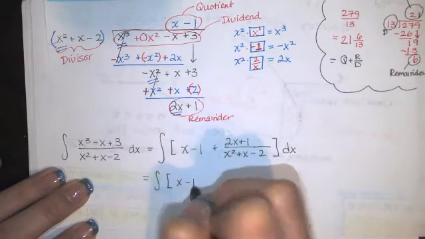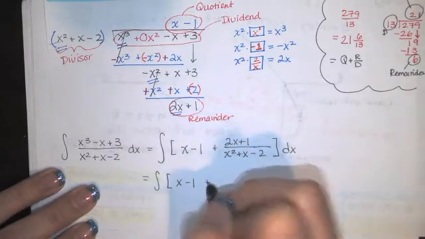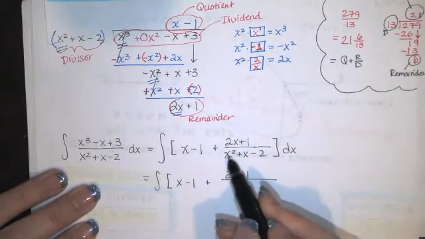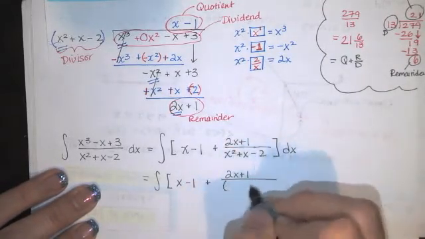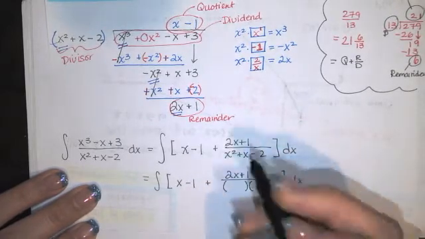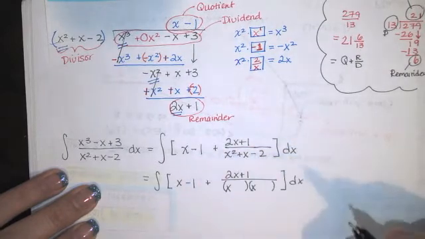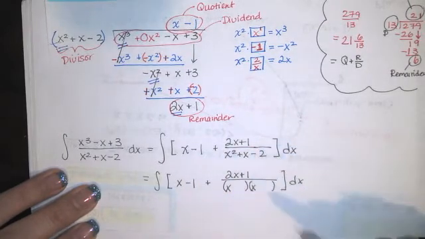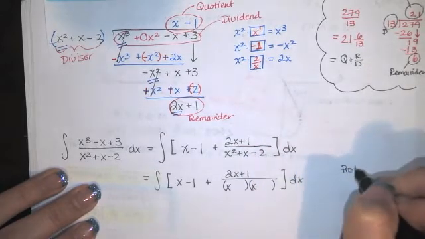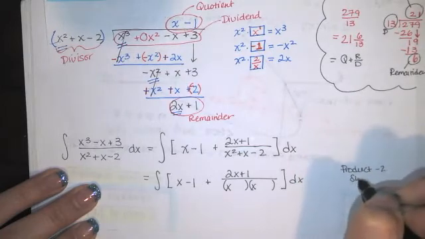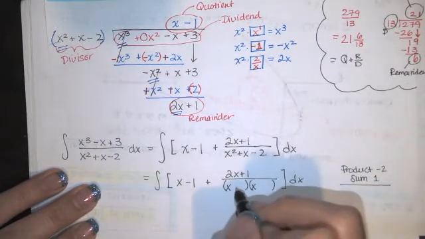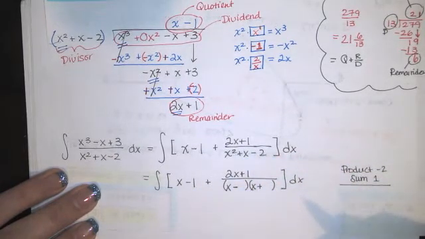In order to do the partial fraction decomposition for this, we want to factor that denominator as much as possible. X squared plus x minus 2 factors in the following way. First times first is going to give me an x squared. Then here and here, I need two numbers that multiply to give me a negative 2 and add to 1. Since the product is negative, one of the numbers is going to be negative, the other will be positive.